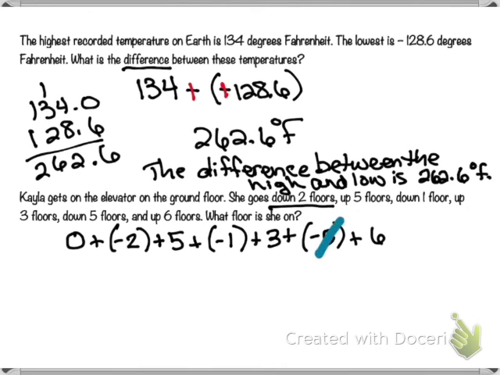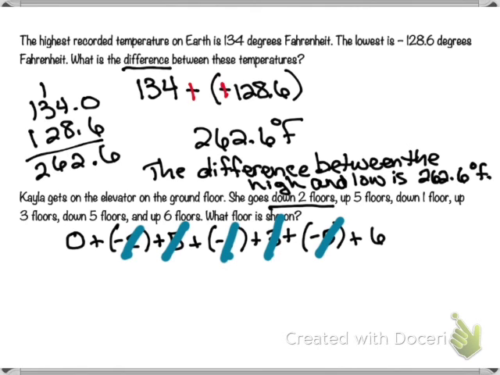So we have 5 and negative 5, so that disappears. Well, if I look, I have -2 and -1. That makes -3. And remember that if I have -3 plus 3, right, those disappear. So I'm going to go 3 plus -3, that disappears.